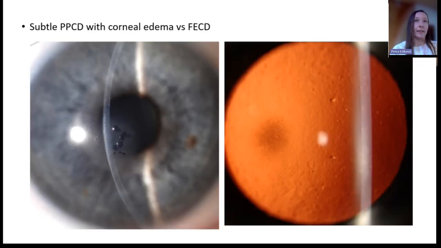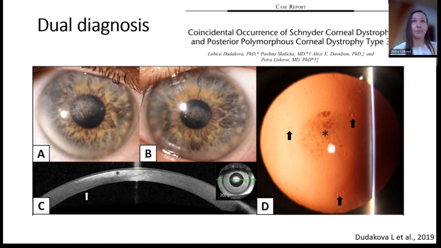So subtle PPCD with corneal edema versus Fuchs endothelial corneal dystrophy may not be as easy as it seems, because you're not always facing the typical signs that patients have. If they have nice full posterior corneal vesicles, then it's easier, but not all patients have that.